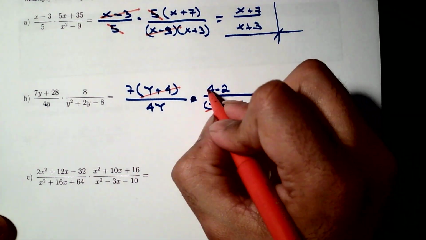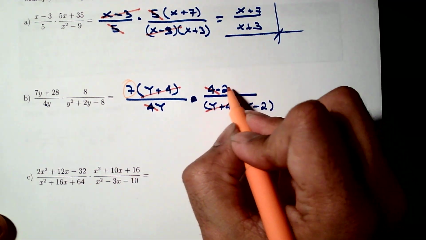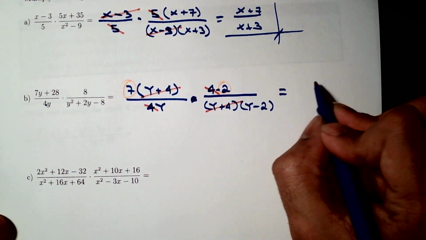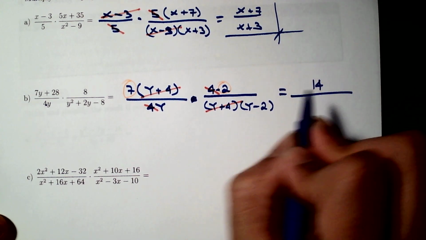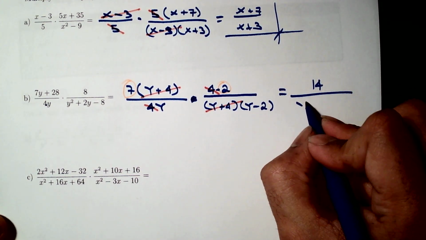Cancel, cancel, cancel, cancel, and I think that's about all we can divide out. So in this case, notice we are going to be left with 7 times 2. That 7 times 2 is going to be a 14. And in the denominator, we are going to be left with a y times y minus 2.